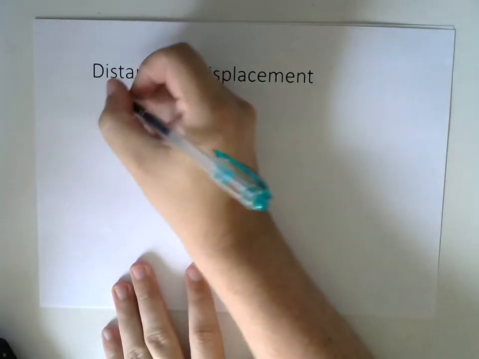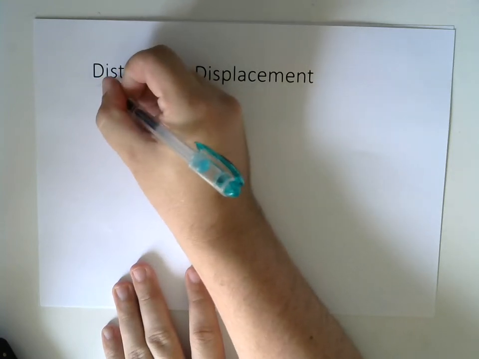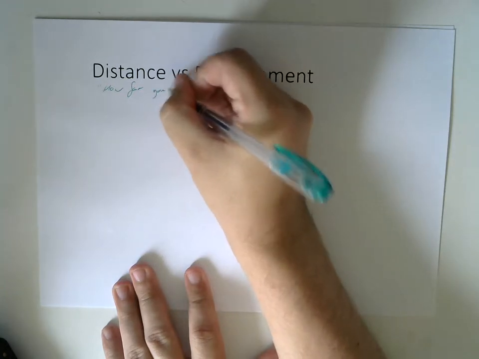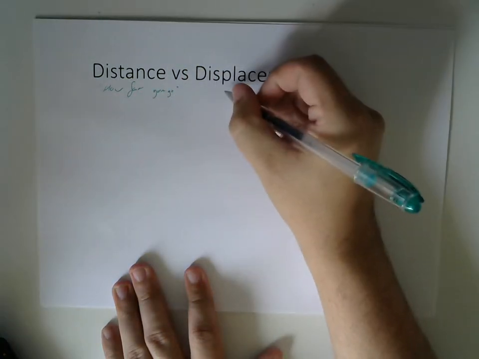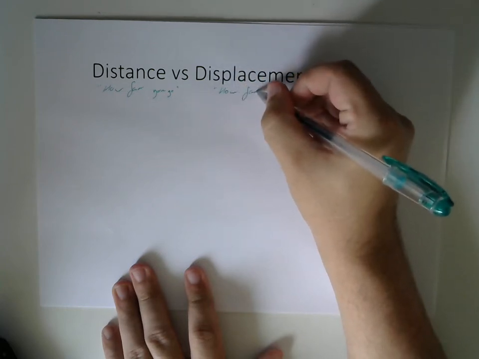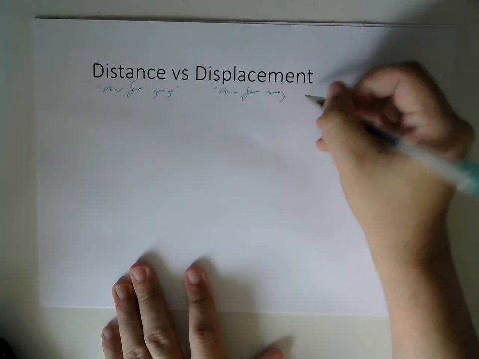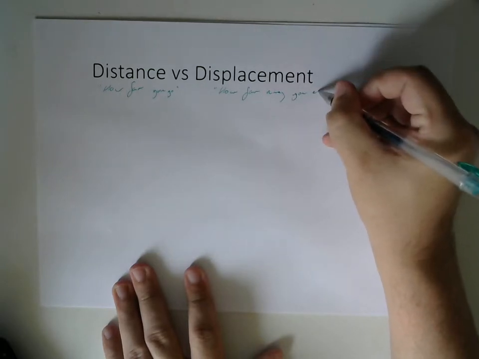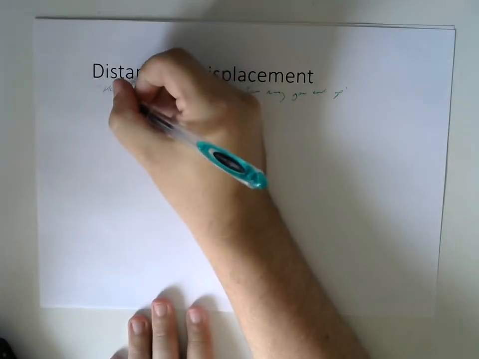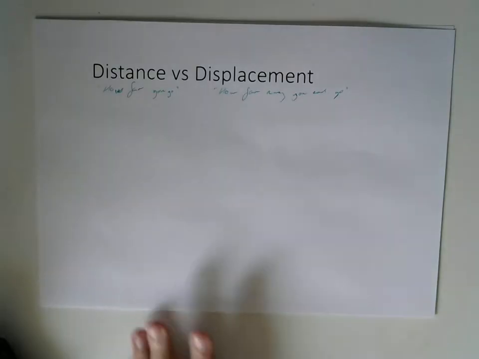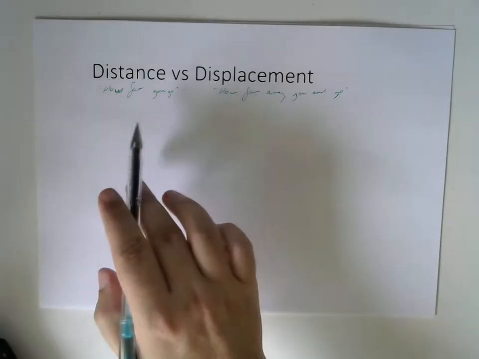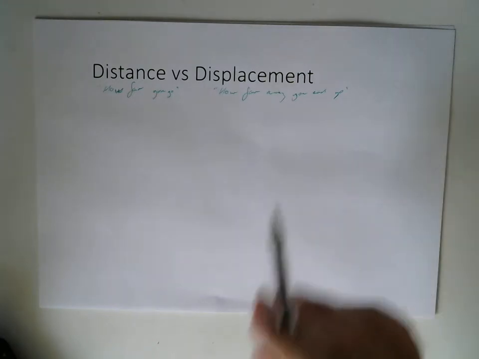So let's say distance is how far you go, versus displacement, which is how far away you end up. As I said, you've really got to understand the difference between those two things. How far you go, how far away you end up.